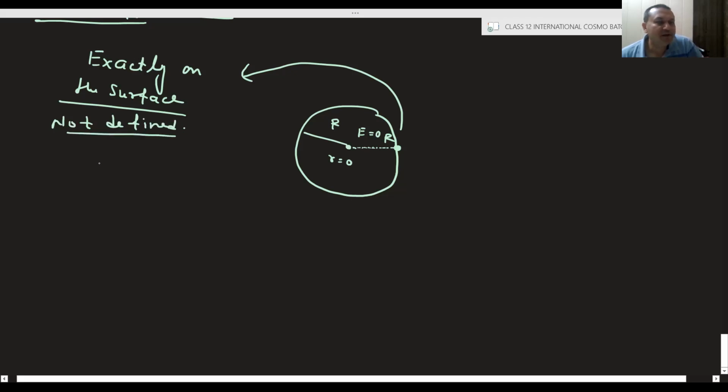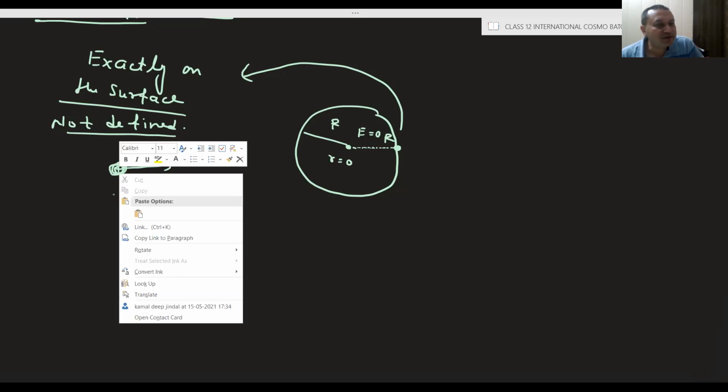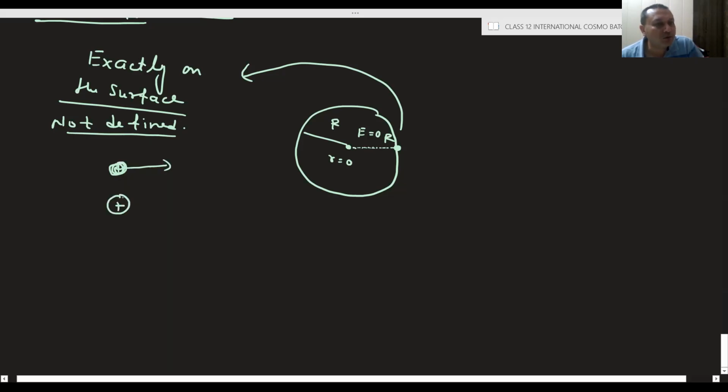The electric field due to a charge on itself is not defined. We cannot find it. It is considered to be 0, because if you could find this electric field, it would apply a force on itself. So if somebody asks you what is the electric field on the charge by itself, you will say it is not defined.